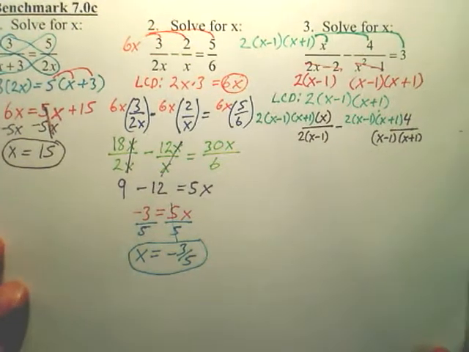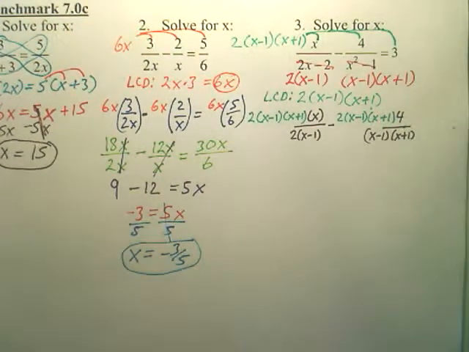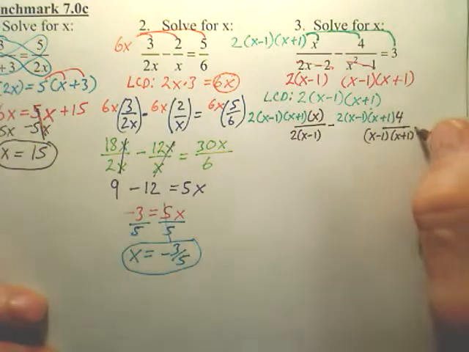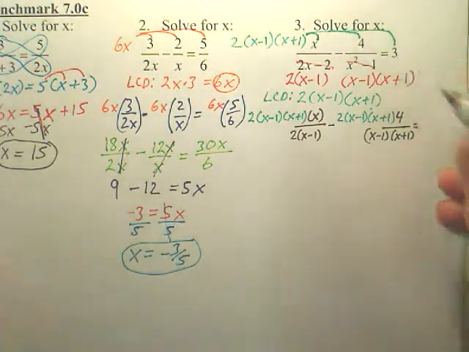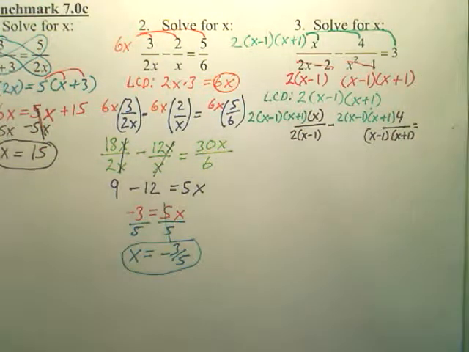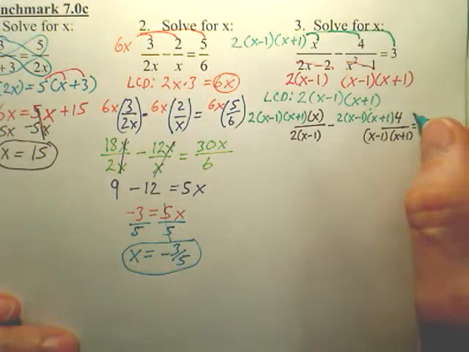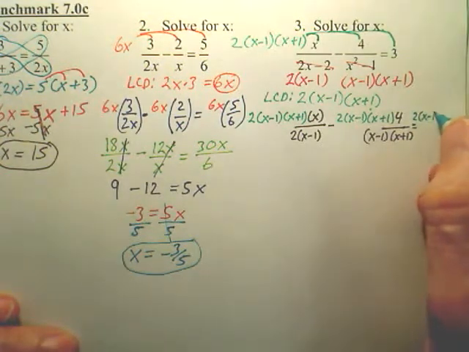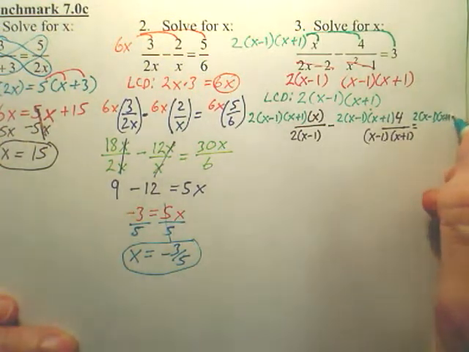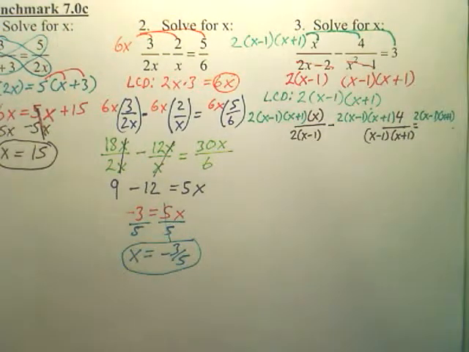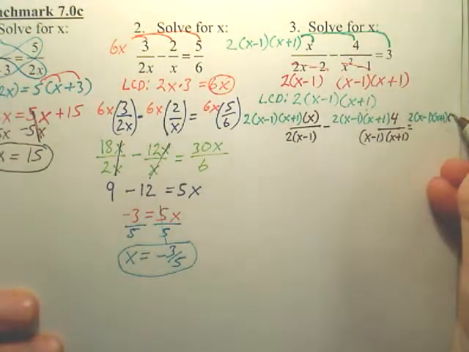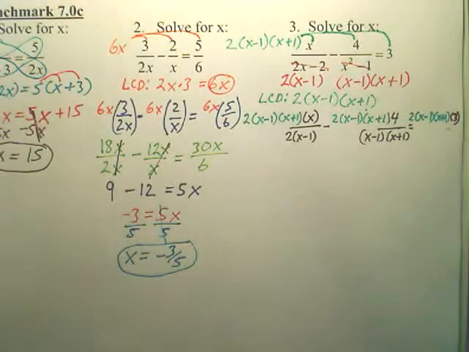Alright, and then next we have equals, and we have that 3 there, but again we have the same 2 times x minus 1, x plus 1 on top, and this last little bitty 3. Okay, it's kind of tight there.